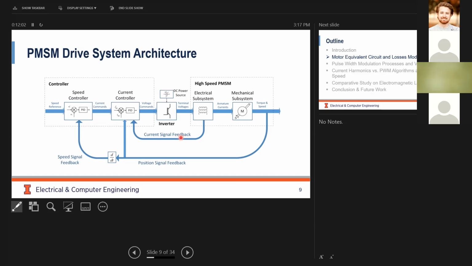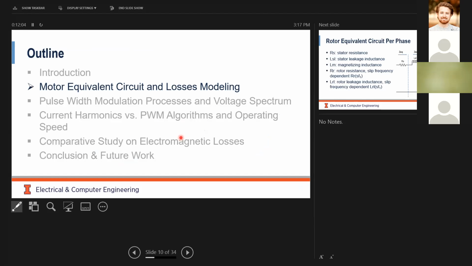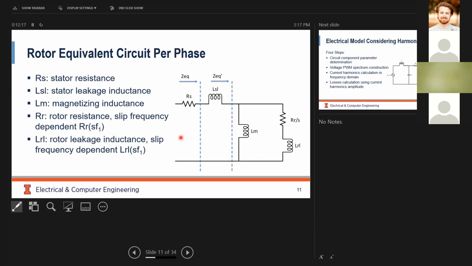All right. So we need to model the motor as well as the inverter. First, let's talk about the motor. Normally the motor is represented by a series connection of a resistance and inductance.